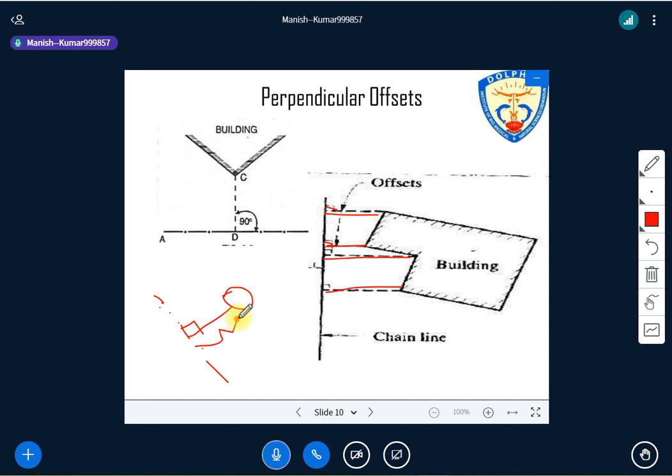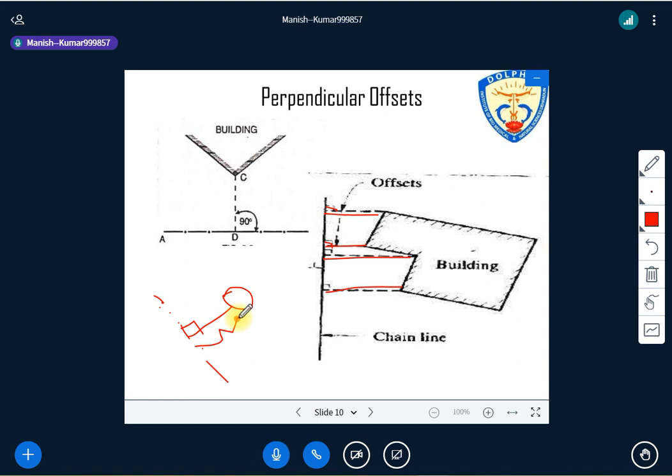For example, I told you, if you talk about the term forest, forest basically represents the natural forest. Similarly, if offset is mentioned, you have to understand that the person is talking only about the perpendicular offset.